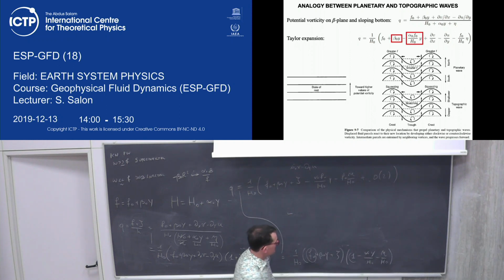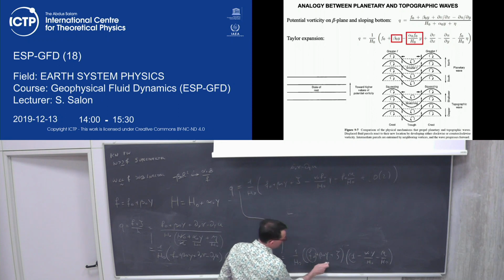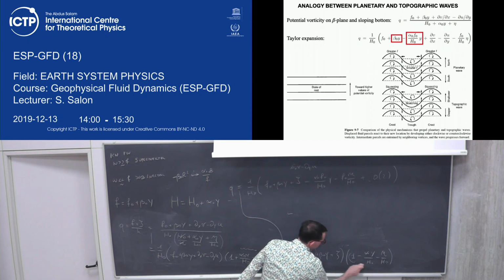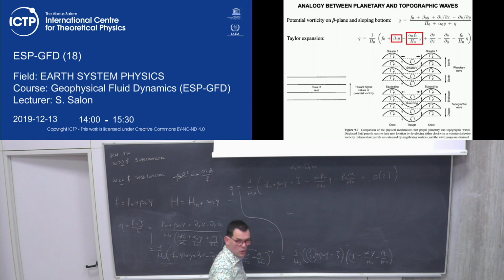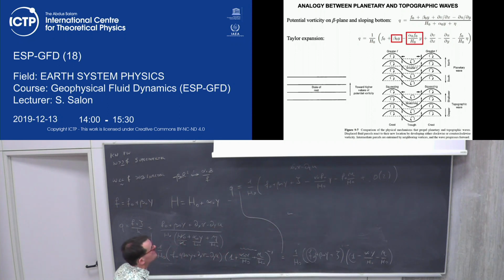Because they are even smaller than this one, because the leading term, don't forget, this is much smaller than this. We can also say that this is much smaller than this, and this is much smaller than this. So if I multiply this by this, this by this, this by this, and this by this, they are much smaller than these two terms. Okay?